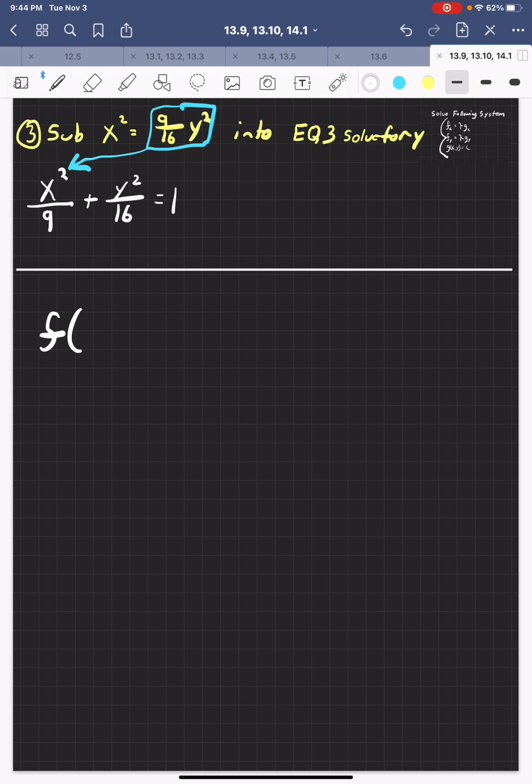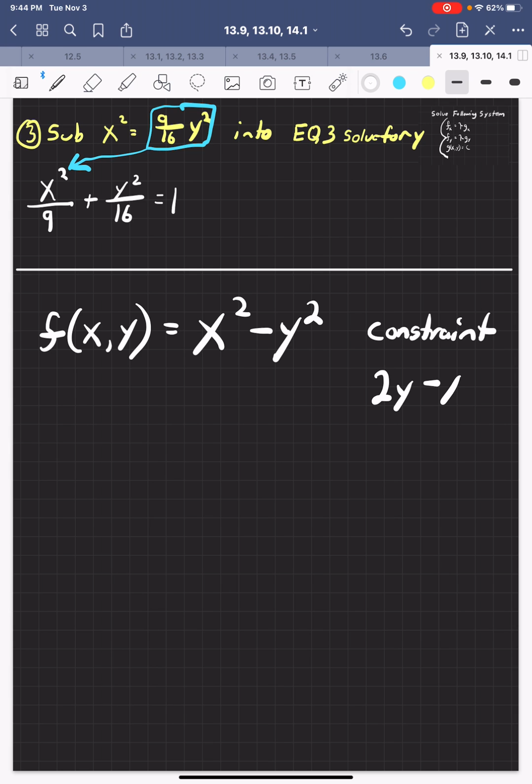So let me give you f of x, y is equal to x squared minus y squared, and it's going to be subject to the constraint 2y minus x squared is equal to 0.